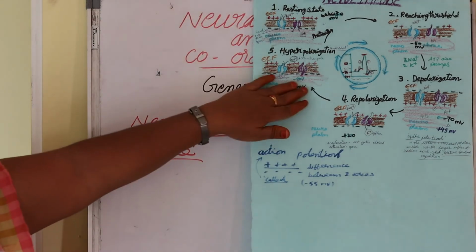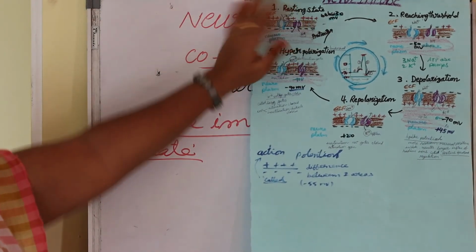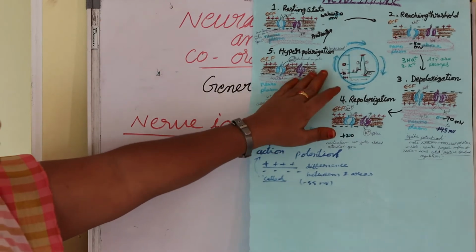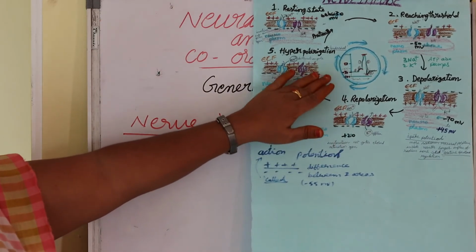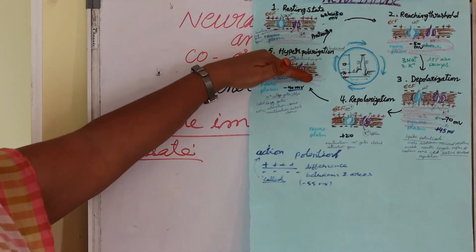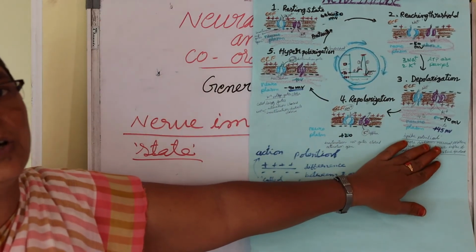That's why we call this the undershoot state. This is the excitable position, and here also.